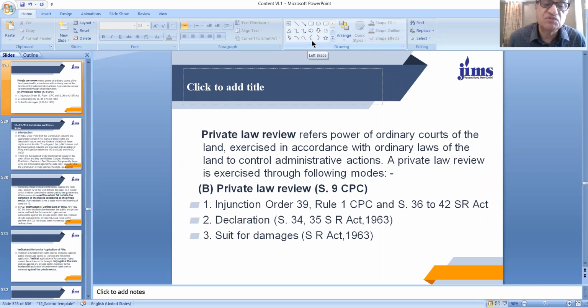Whenever a civil suit is filed, generally a stay application is also filed under Order 39, Rule 1 of CPC. And this is the requirement of Section 36 to 42 of Specific Relief Act also. Then you may file a suit for declaratory decree under Section 34 and 35 of Specific Relief Act, or you may file a suit for damages under Specific Relief Act. So all these are the examples of private law review.